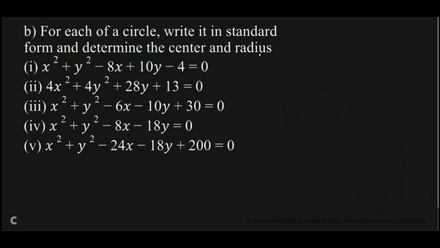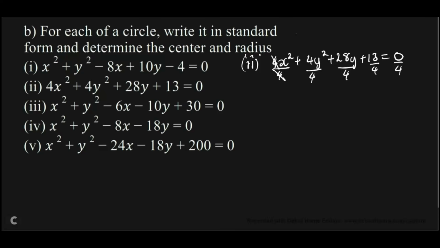So the second equation, the coefficient of x squared is 4 and the coefficient of y squared is 4. What do you do in that situation? In this situation, you need to make your x squared coefficient to be 1. So what do you do? You divide everything by 4.